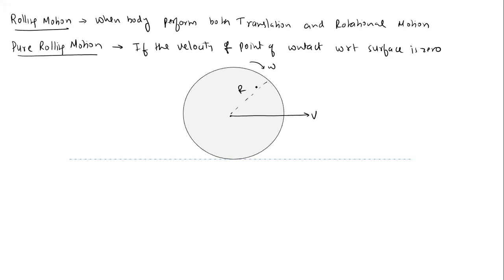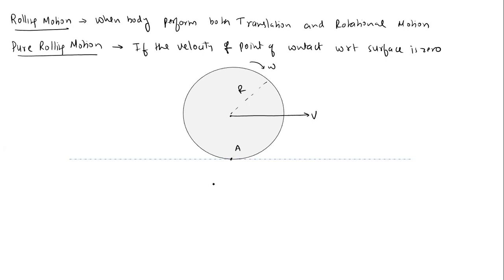It is moving with angular velocity omega in the clockwise direction. Now, if the body has to have pure rolling motion, the velocity at the point of contact, suppose this is the point A, is 0.